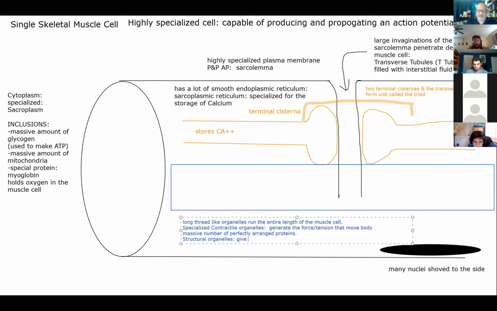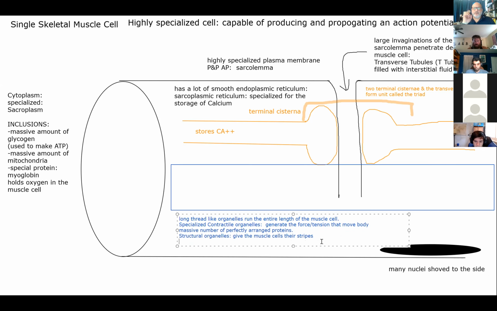These are what give the muscle cells their stripes. And the reason for this is that they're made up of a repetitive pattern of proteins. And that repetitive pattern of proteins is called a sarcomere.